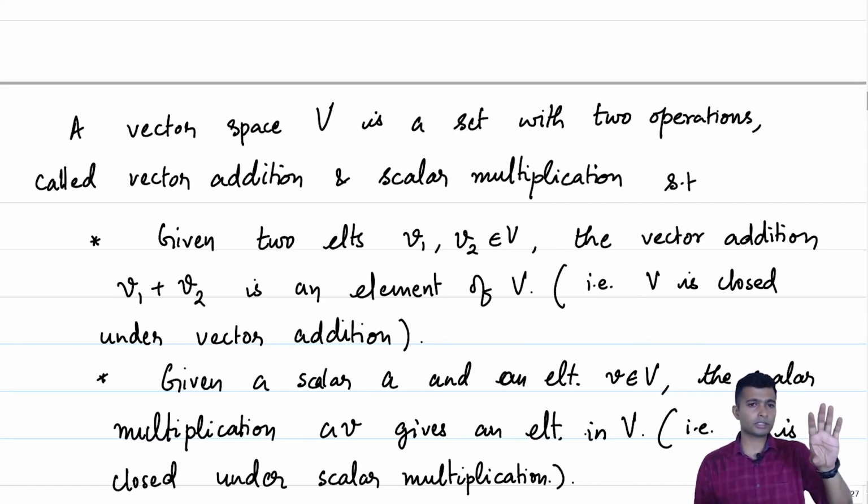The vector addition is such that if you take two elements in the set V and add them, you get back an element in the set. The scalar multiplication is such that if you take a scalar and an element v in the set V, then the scalar times the element should give you back an element in the set V itself. That is what is described by saying that V is closed under vector addition and scalar multiplication.